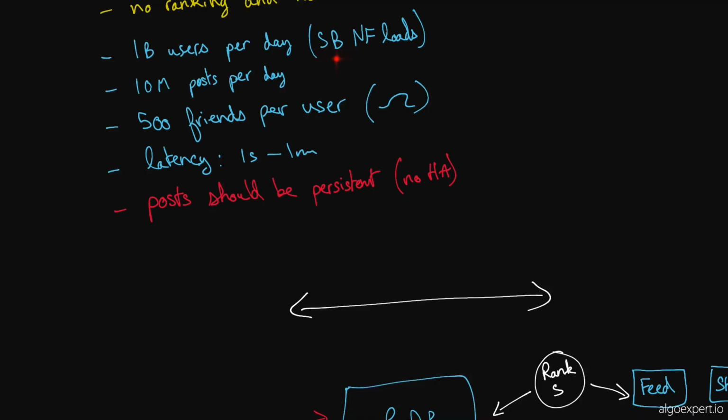The fact that there are 5 billion news feed loads per day is still fine, because these feed shards probably get updated periodically, like we said, from the ranking service. So what really matters is that we have 1 billion users that are going to have 1 billion news feeds stored in these shards.